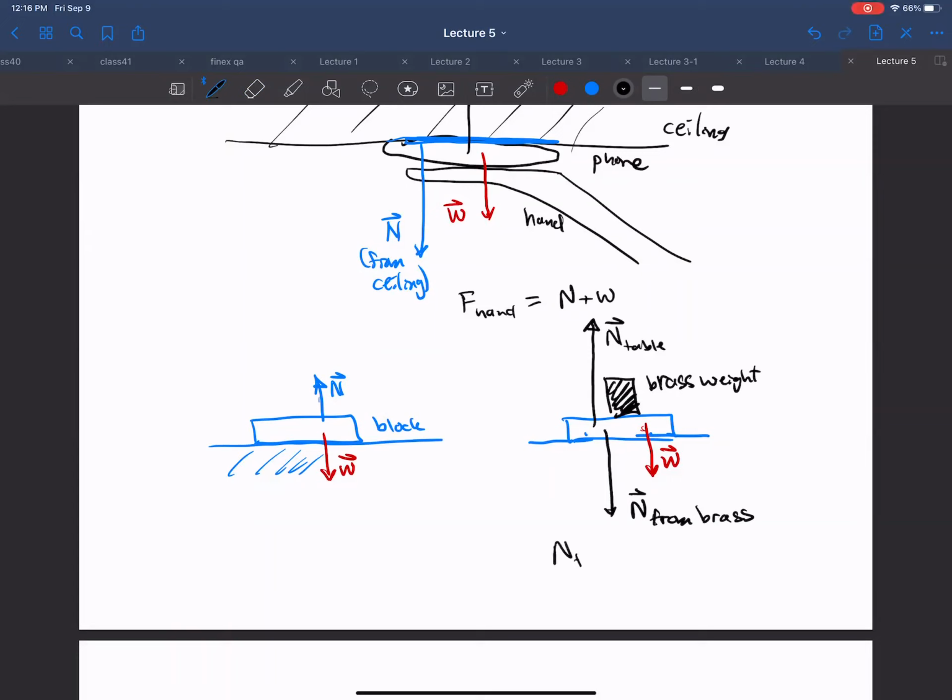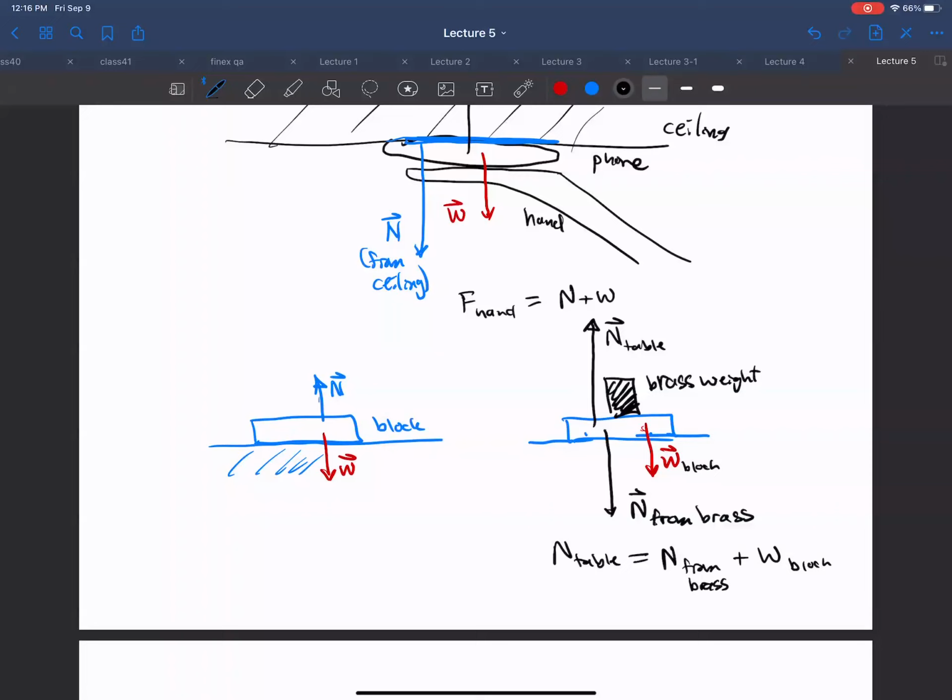The normal force from the table has the same magnitude as the combination of the normal force from the brass weight plus the weight of the block. So the normal force from the table is now larger because I put this brass weight on it.